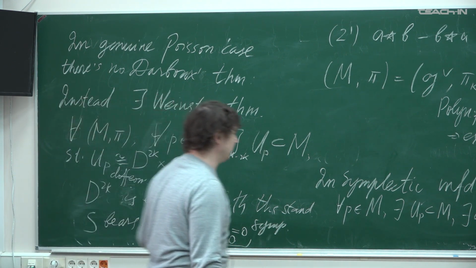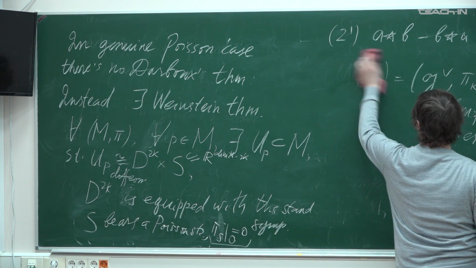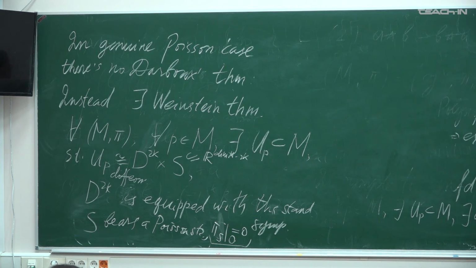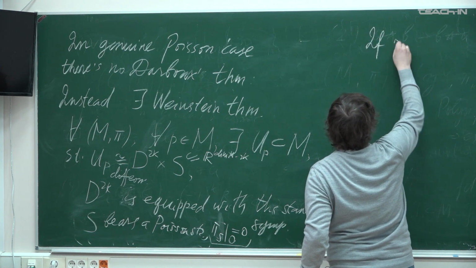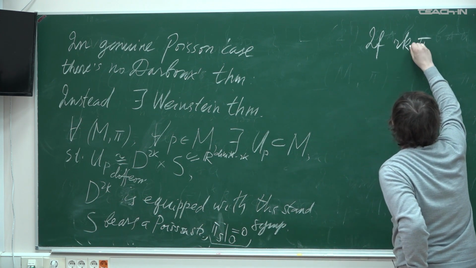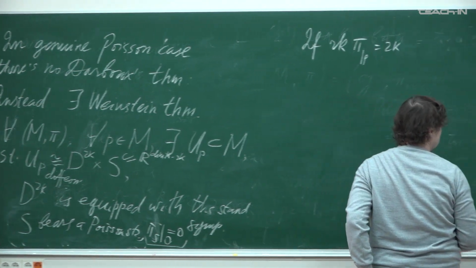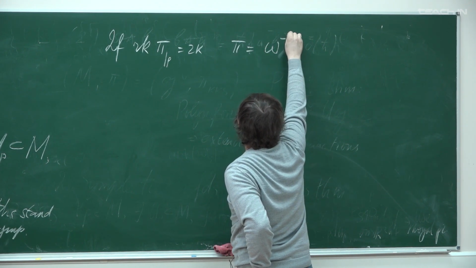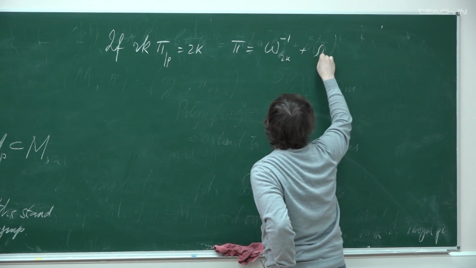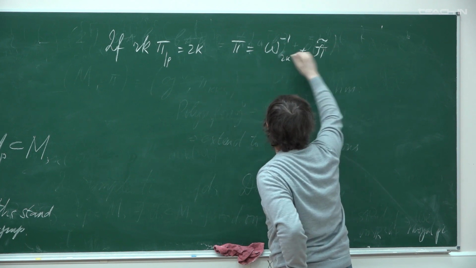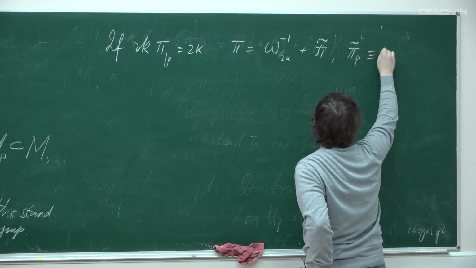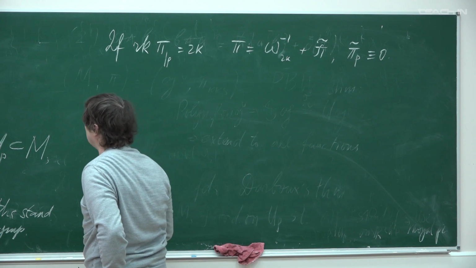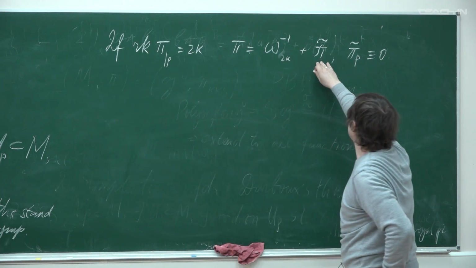This is pretty poor classification, in fact. It just says that if the rank of pi at point P is equal to 2K, then locally pi is equal to some symplectic form of dimension 2K plus pi tilde, which vanishes identically at P. There is no description of pi tilde.